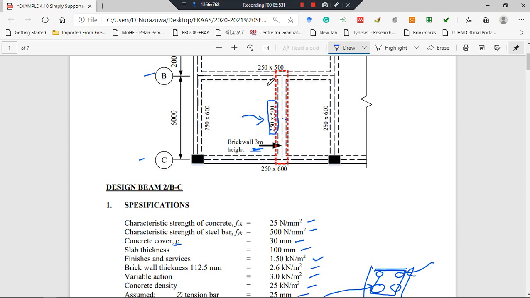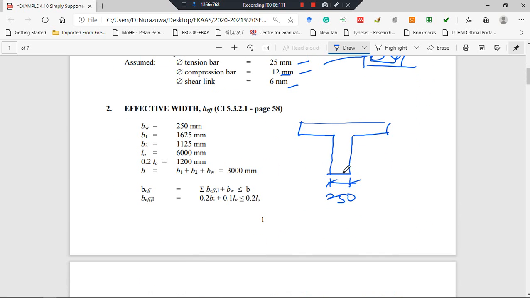So this is the beam. When you look from this point of view, you can see the T-beam from here. This is the T-beam. So this is 250.